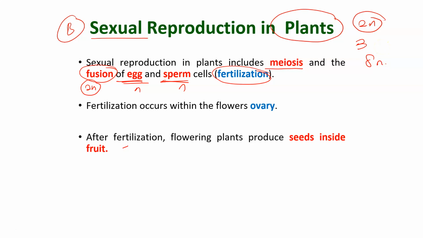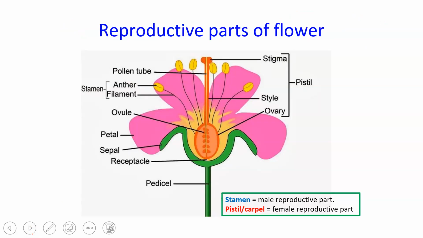Fertilization occurs within the flower ovary. After fertilization, flowering plants produce seeds inside the fruits. In this diagram you can see the structure of reproductive plant, which involves the flowers.